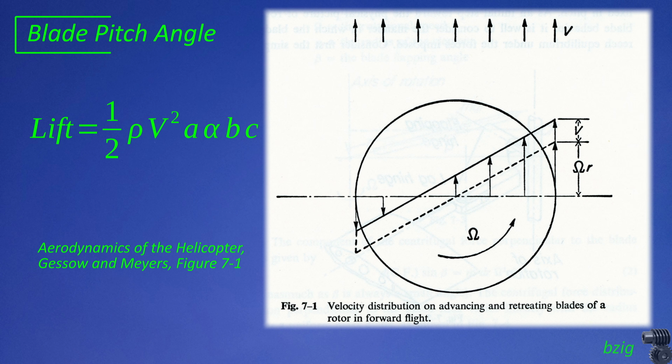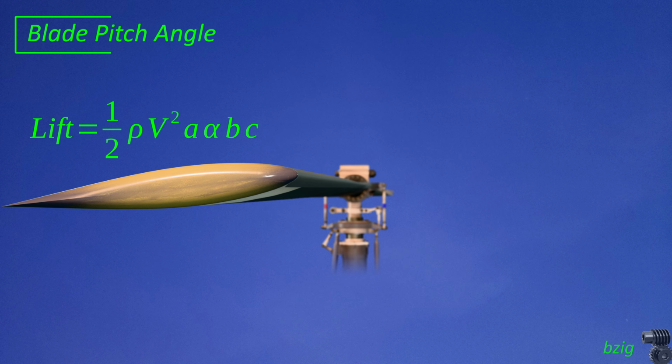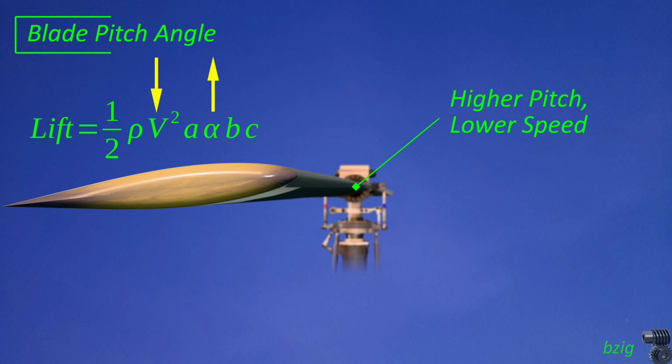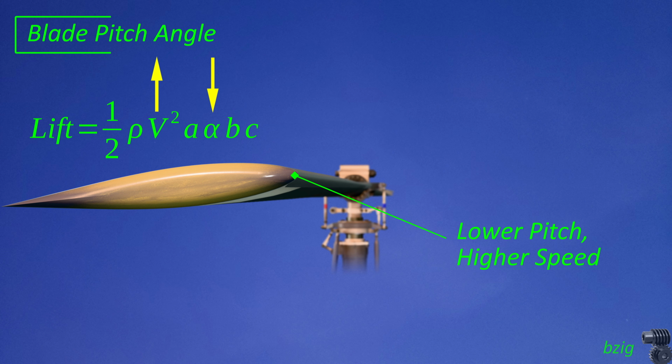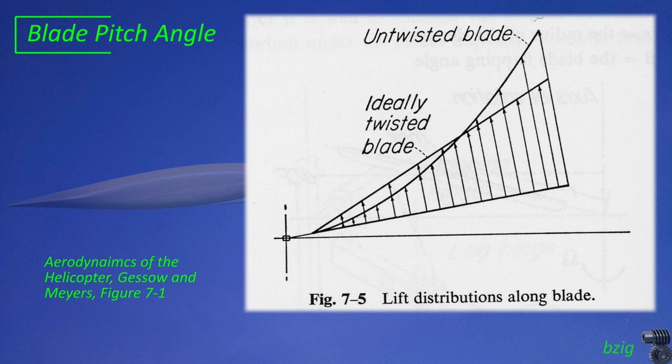Remember, lift is proportional to the square of this tangential velocity multiplied by the angle of attack. Because the blade root has a lower tangential velocity than the tip, having a higher pitch angle, and thus a higher angle of attack, produces more lift at the inboard sections than would be otherwise possible with an untwisted blade.